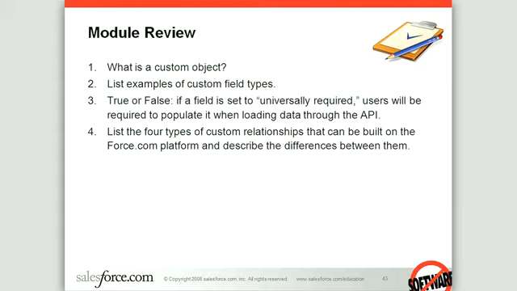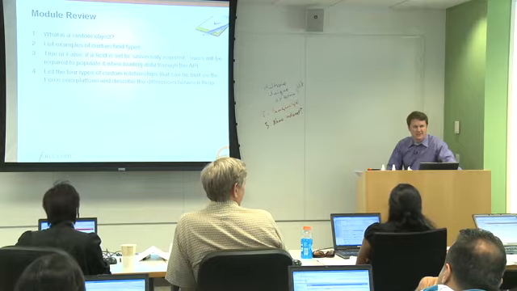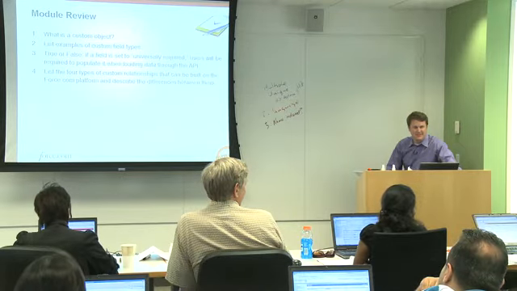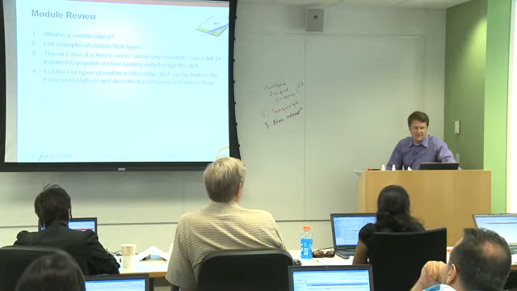True or false? If a field is set to universally required, users will be required to populate it when loading data through the API. First off, there is no checkbox for universally required.